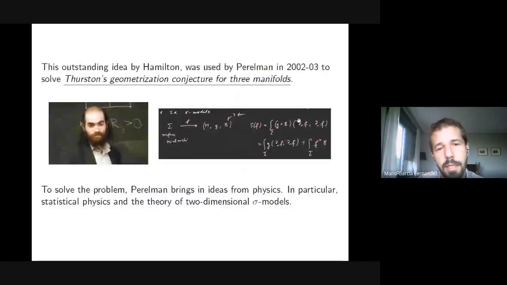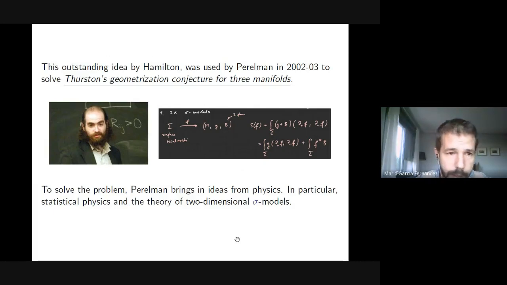This great idea by Hamilton of putting a metric on a manifold, letting it evolve and seeing how singularities see the topology of the manifold, was implemented by Perelman in 2002-2003 to solve the geometrization conjecture by Thurston on 3-manifolds. Something which maybe is not so well known is that Perelman brings in some ideas from physics when doing his work, in particular statistical physics and the theory of 2-dimensional sigma models.